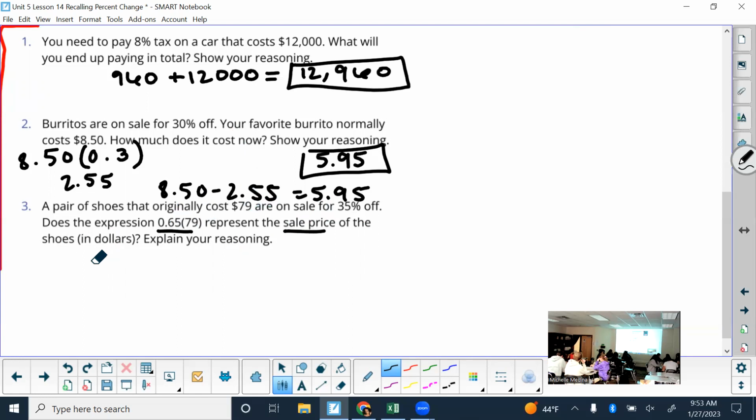Yes or no? So yes or no on number 3? No. Okay, no. What do you think represents the sale price of the shoes?